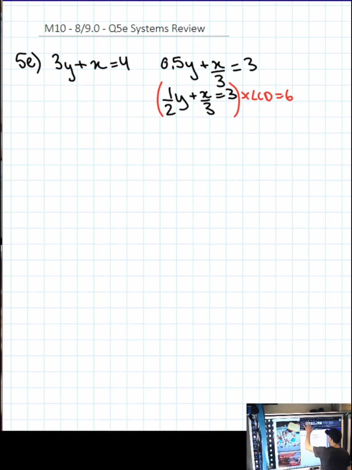Now, when I multiply the first fraction by 6, I don't actually want to multiply the fraction. I want to think about what cancels, and what I am left with. I'm going to do that off to the right. So 1 over 2 times 6, well, I have a 6 on the top and a 2 on the bottom, so that's 3 and 1. Cross-canceling or cross-simplification, and 1 times 3 is 3. So we're going to get 3y.